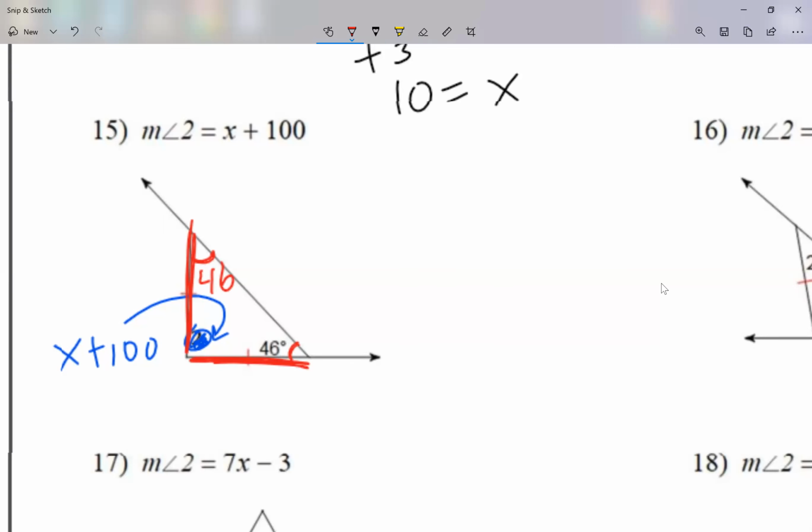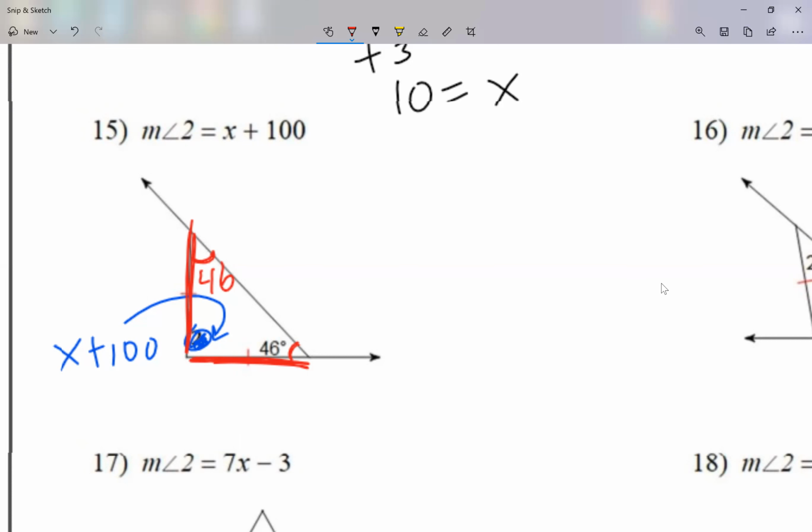Now, solve for x, right? Because the instructions to begin with, questions 13 through 18, the directions are solve for x. Now, I'm not going to say x plus 100 equals 46. No, no, no. X plus 100 is not 46.